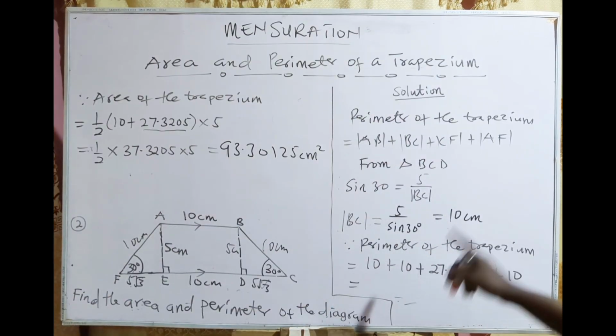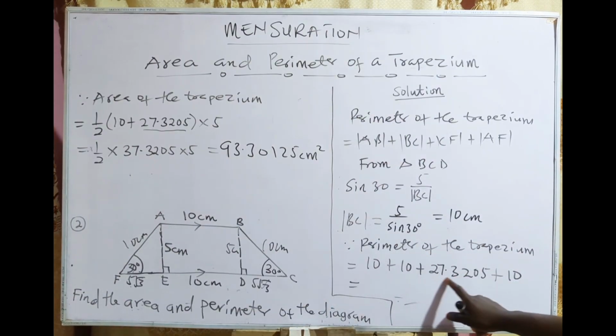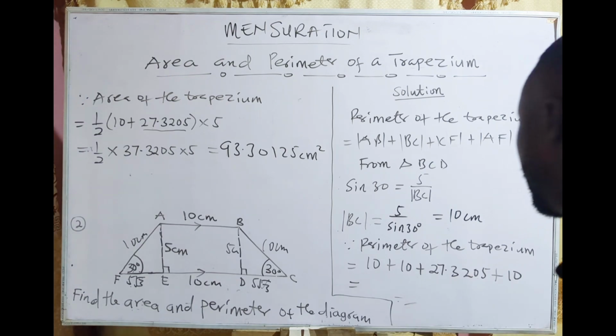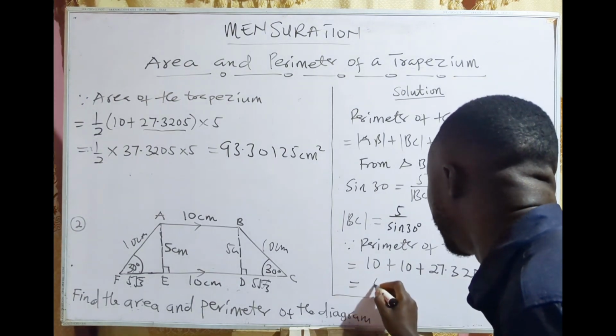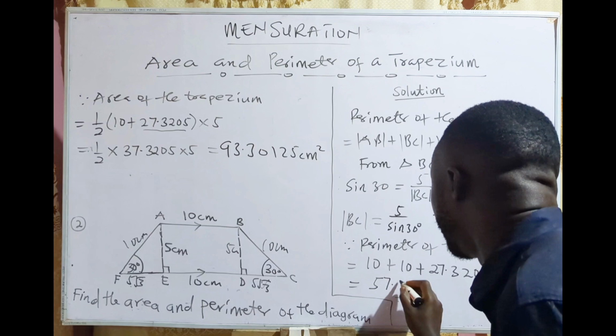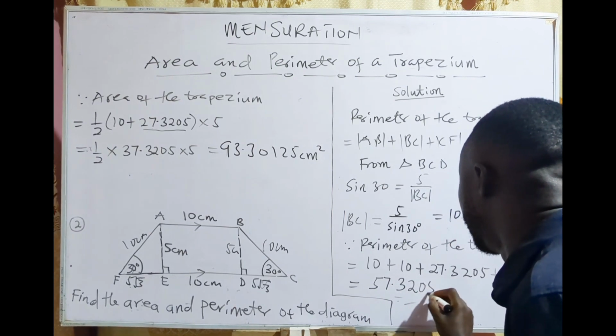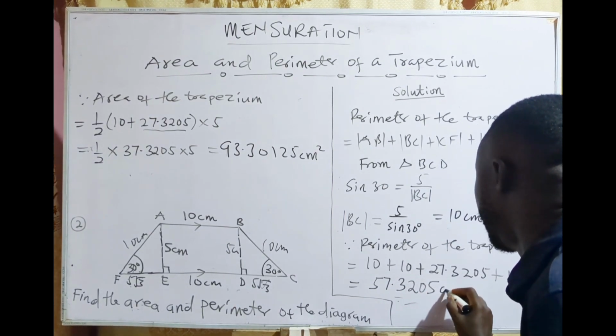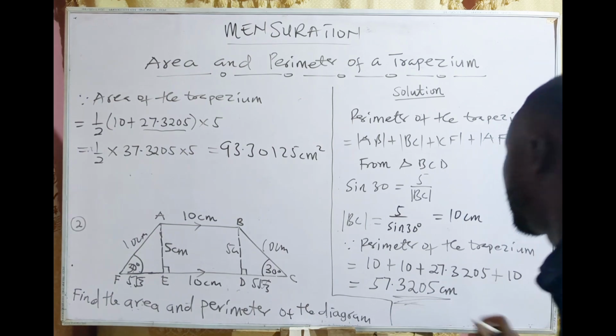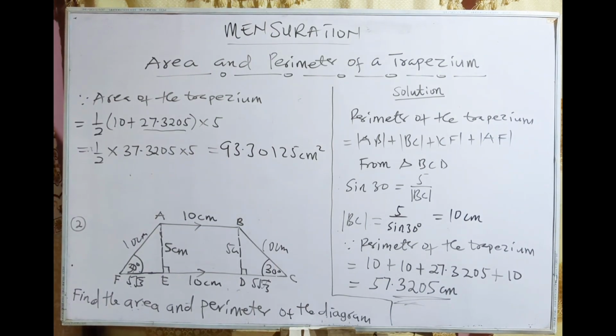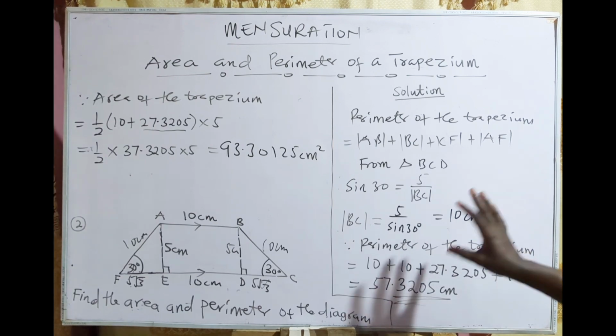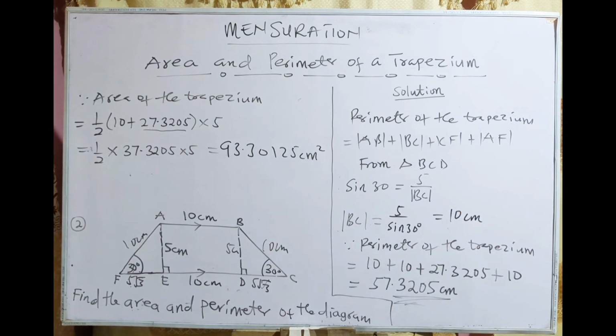So 10 plus 10 plus 10 is 30, plus 27.3205 will give us 57.3205 centimeters. That is the perimeter of the trapezium.